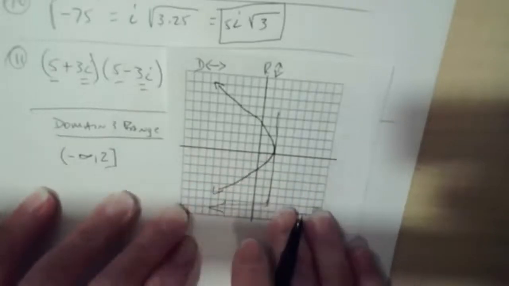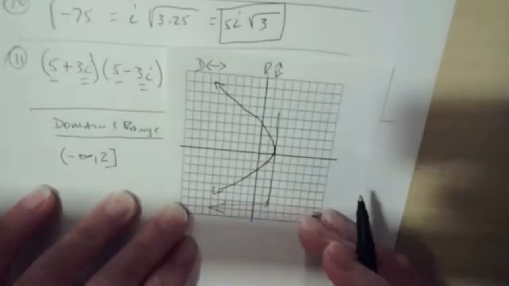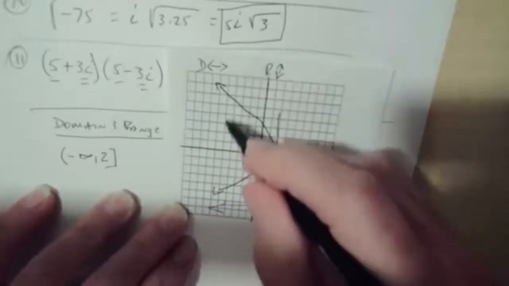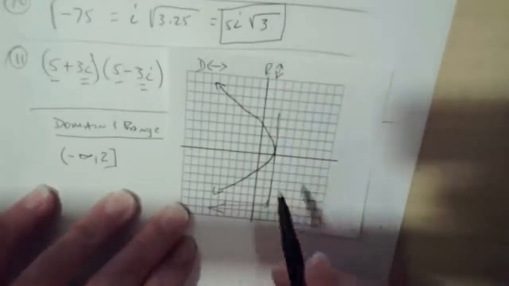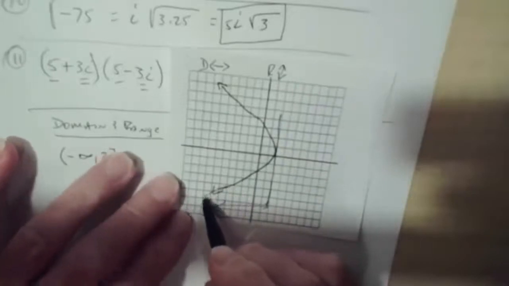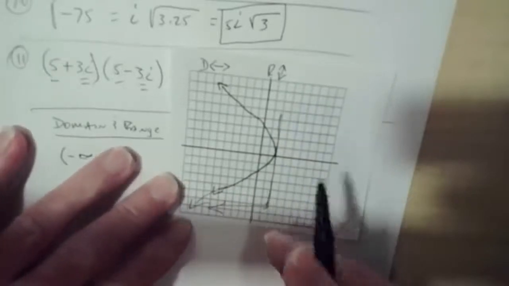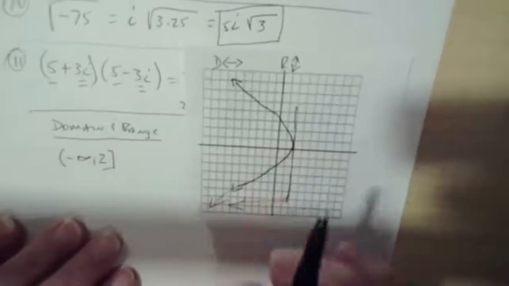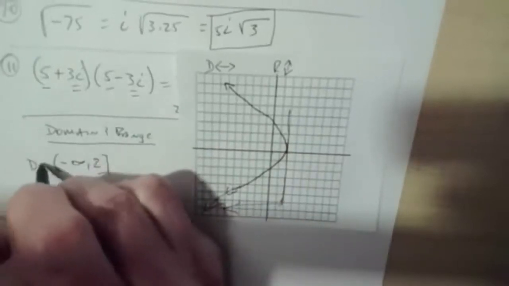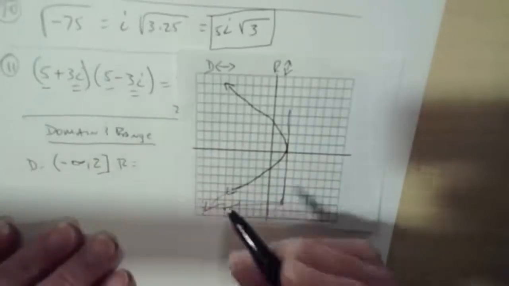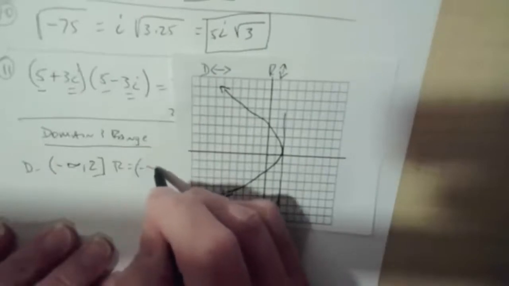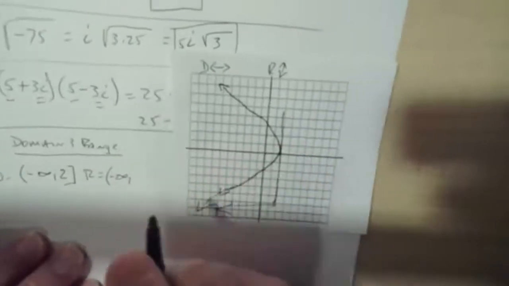Now the range goes from, how far up and down does it go? This one goes down to negative infinity. This is the domain. And the range is negative infinity to positive infinity.